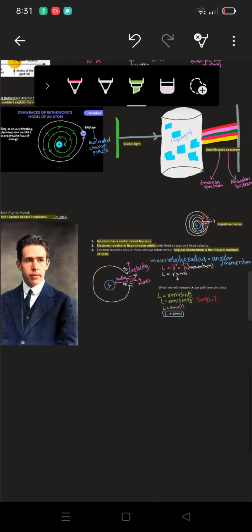Okay, so now in the third point, as he said, the electrons will revolve in only those orbits whose angular momentum, and we know that angular momentum is MVR, is an integral multiple of h by 2 pi.